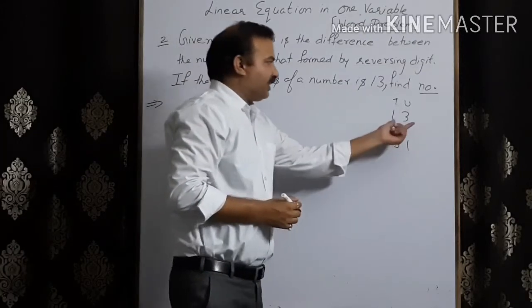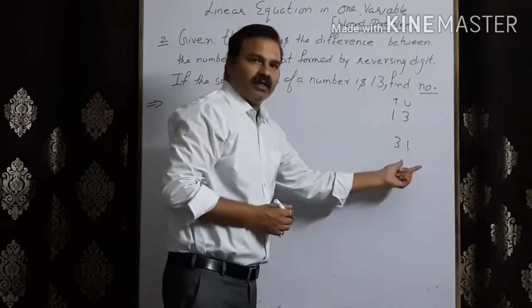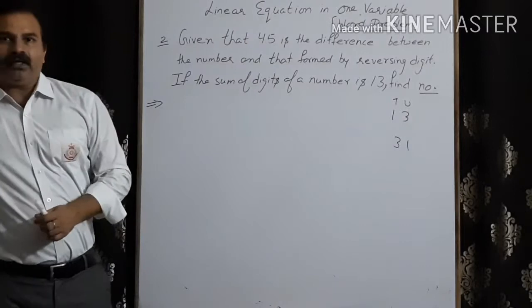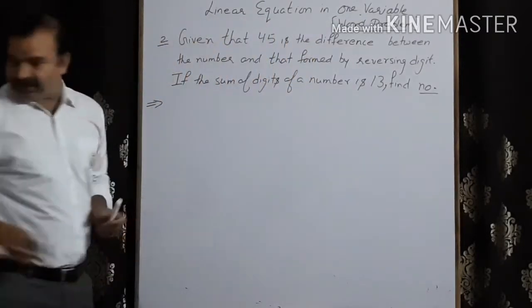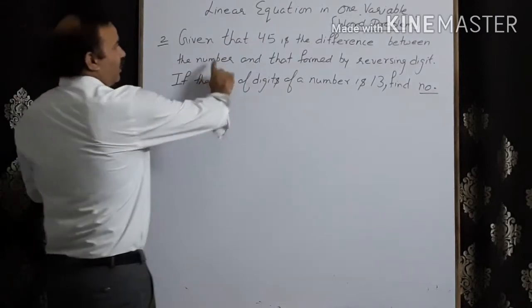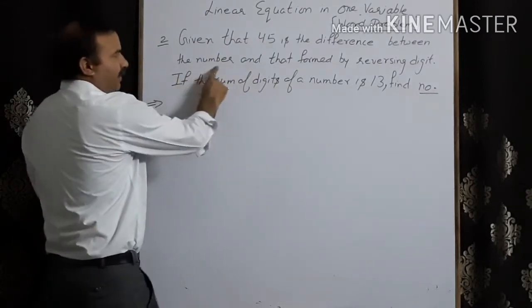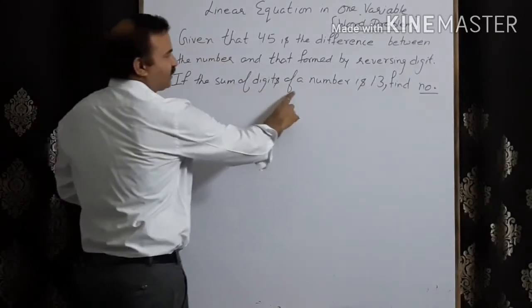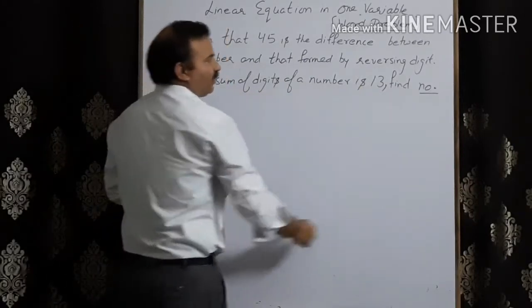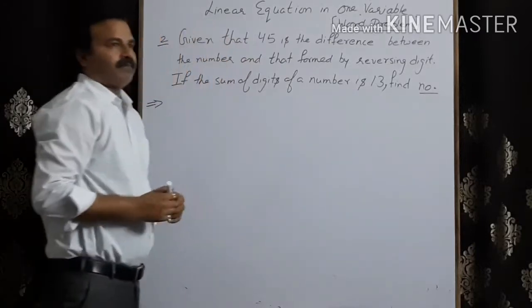So if the number is 13, the reverse is 31. Now, 45 is the difference between the number and that formed by reversing digits.